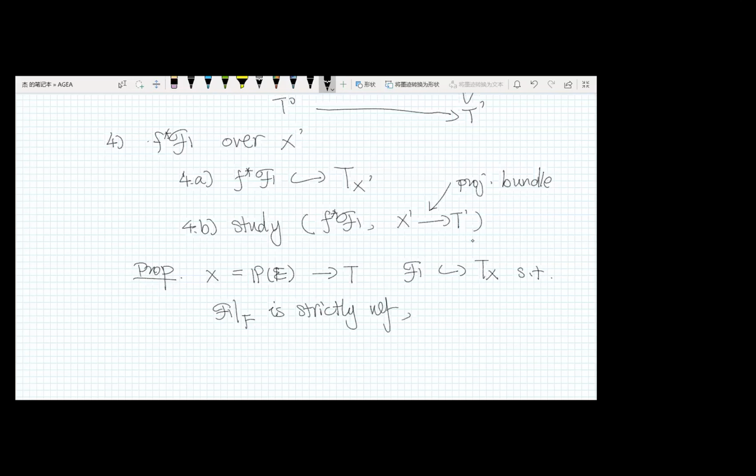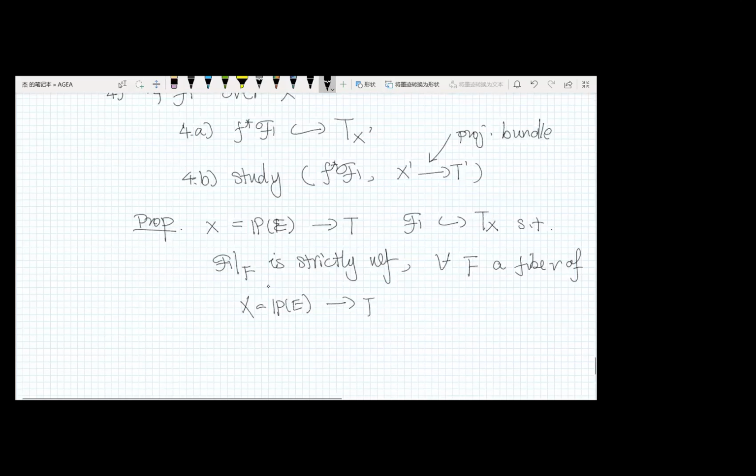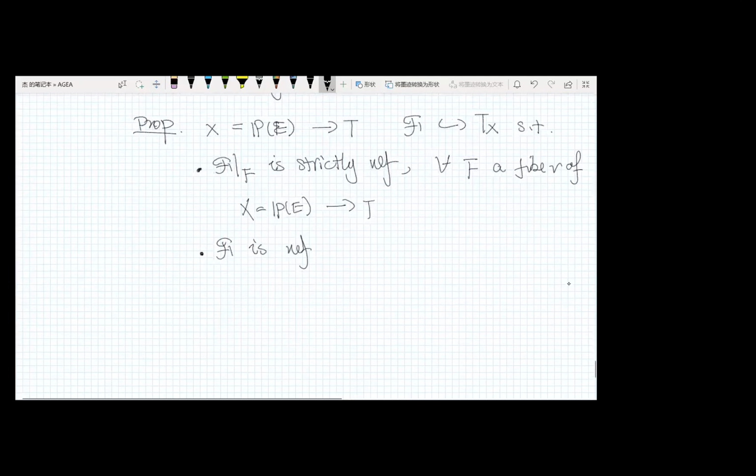Here, F is a fiber of P(E) to T. So this is just an arbitrary fiber of this projective bundle, and we assume that F is strict enough over this fiber, and also F itself is strict enough. This is the assumption. We have a very nice description of such pairs.